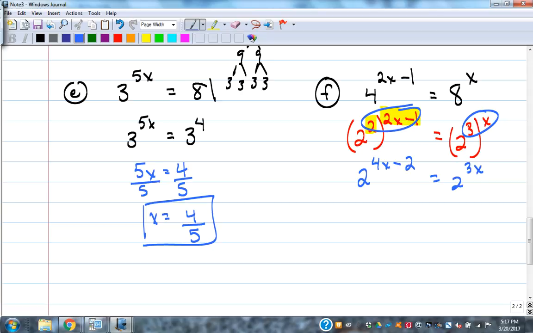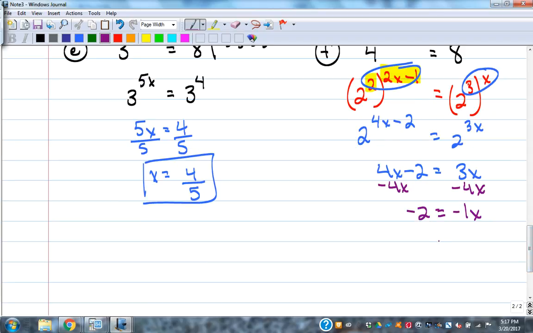And now we have the bases the same and the exponents worked out. And now we just set them equal to each other. 4x minus 2 is equal to 3x. I'm going to subtract 4x. Negative 2 is equal to negative 1x. x is equal to 2. So you've got to think exponentially on these things.